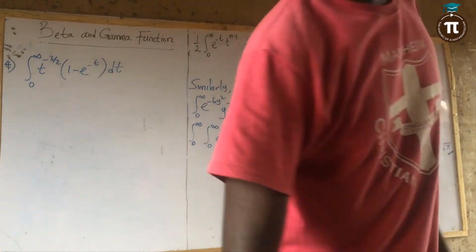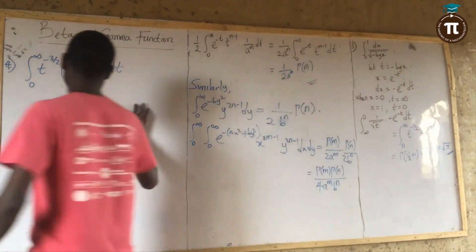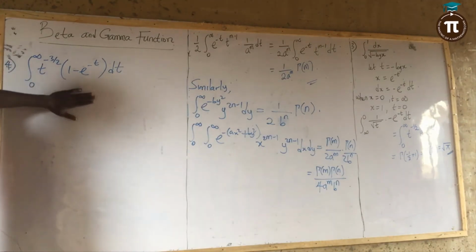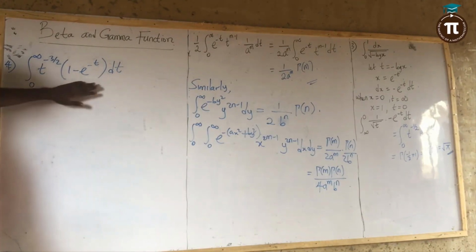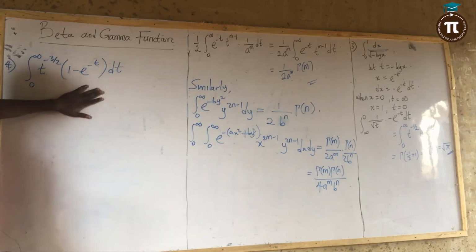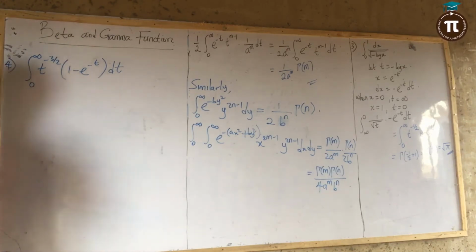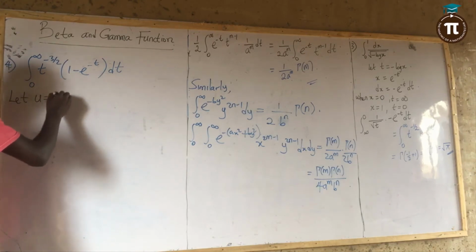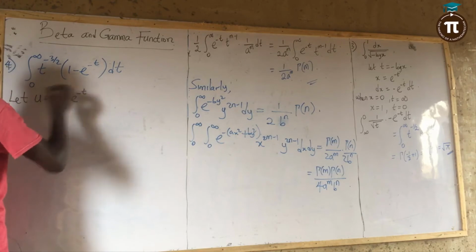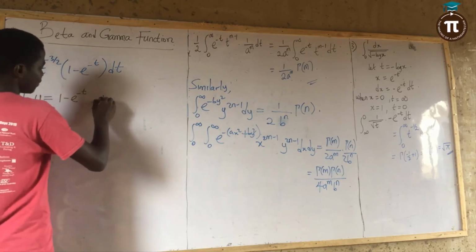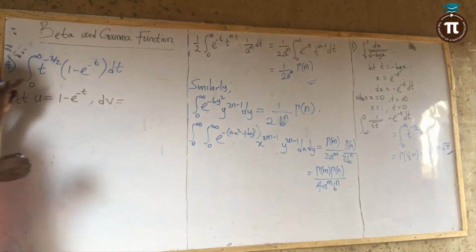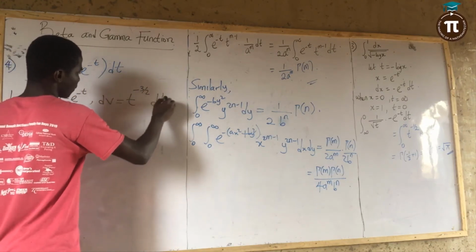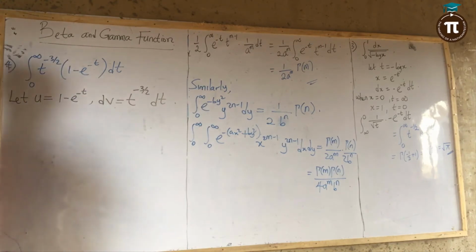We are told to evaluate and integrate this. What I'm going to use here is integration by parts. I will let u to be 1 minus e raised to the power minus t, and dv to be t raised to the power of minus 3 over 2 dt.